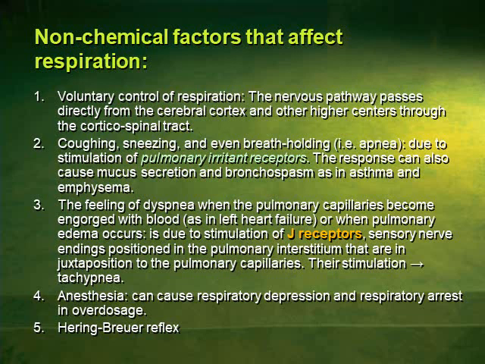They are present in the wall of the alveoli. Also, these receptors can be stimulated in pulmonary edema. So if these receptors are stimulated, the person will sense the feeling of dyspnea and stop of respiration, and their stimulation usually should end in tachypnea for correction of the feeling of suffocation.